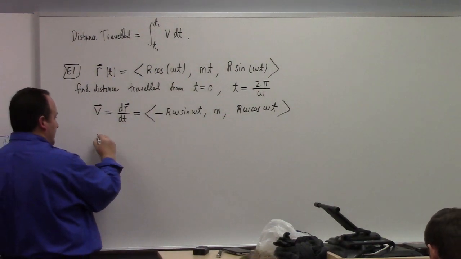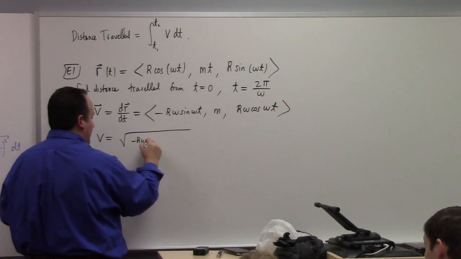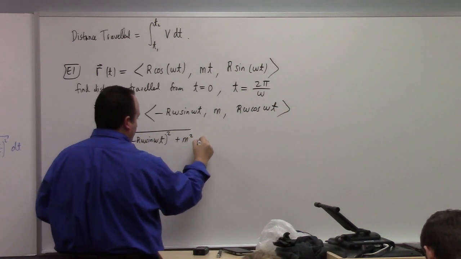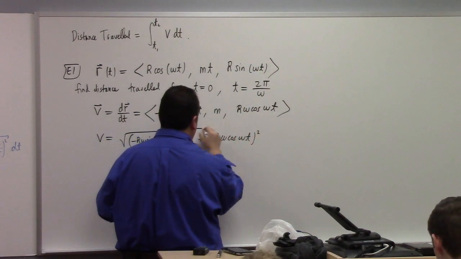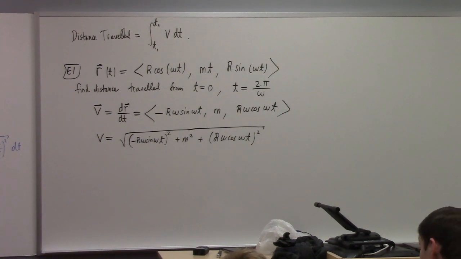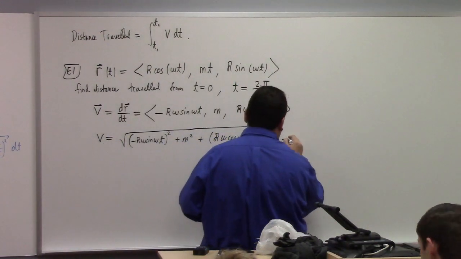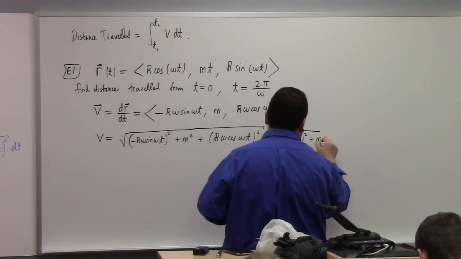So the speed is the square root of minus r omega sine omega t quantity squared plus m squared plus r omega cosine omega t quantity squared, which is really nice because cosine squared plus sine squared is 1. So the cosine and sine go away, and this is the square root of r squared omega squared plus m squared.